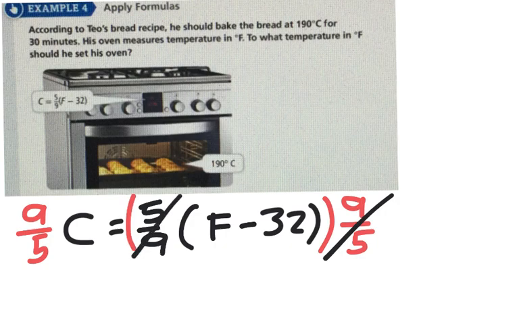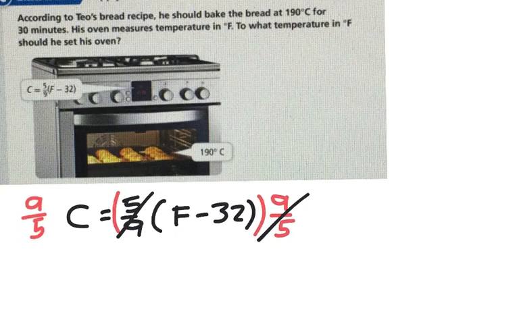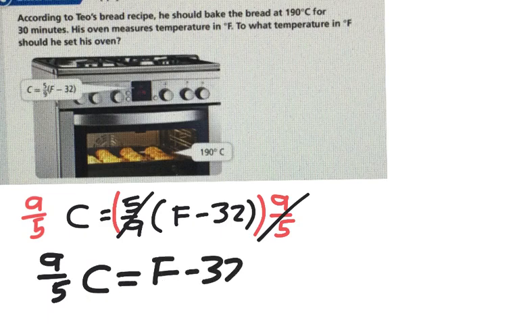Now the 9/5 times 5/9 will cancel, and we're going to be left with 9/5 times c is equal to f minus 32. And now because this is the only thing over here, I can drop the parentheses because there's nothing outside the parentheses for me to do.